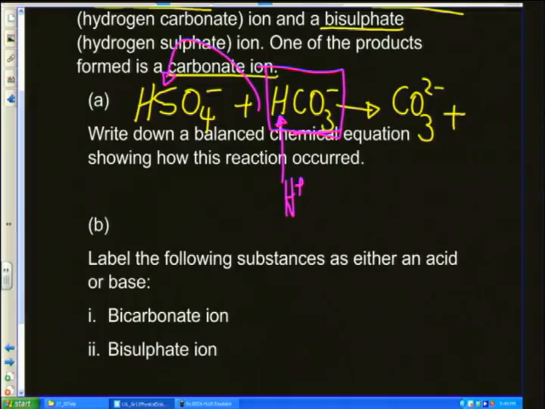And if it came to the bisulfate ion, it means that instead of HSO4 minus, now I've got H2SO4, and of course the whole molecule is now neutral. It's not carrying any charge, and you can see that is actually sulfuric acid. So I have had a protolytic reaction here because there has been a transfer of a proton.